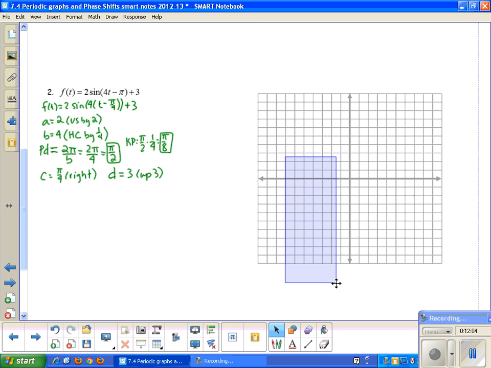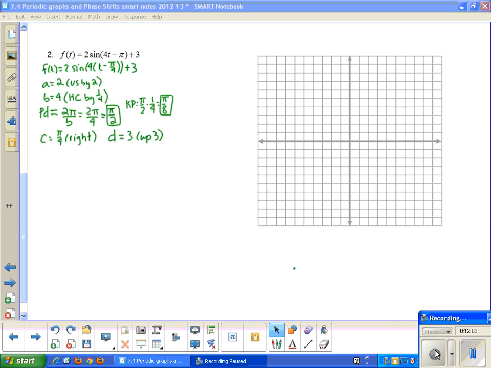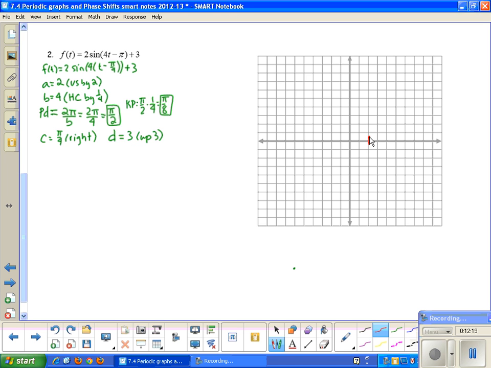So I'm going to do this one a little bit different this time. This time I'm going to do the key points in my graph first before I make a table. So for this, I know that my key points are going by pi over 8, because that's what we wrote down. So right here would be pi over 8. So it's 1 pi over 8. The next one would be 2 pi over 8, which is just pi over 4. Then we have 3 pi over 8.